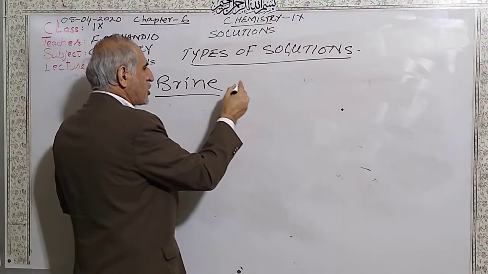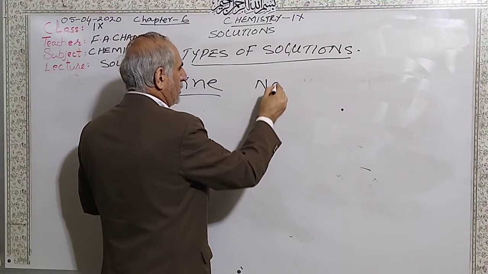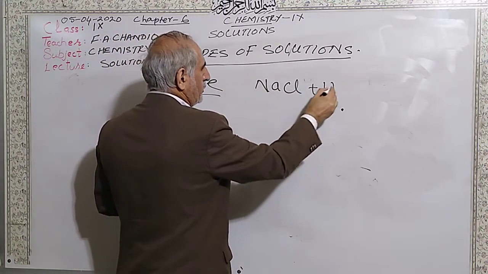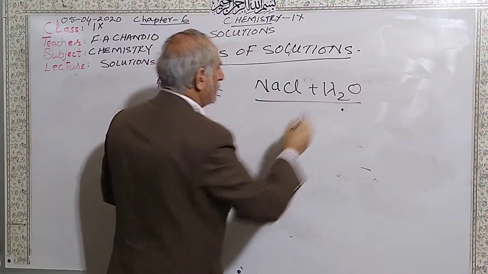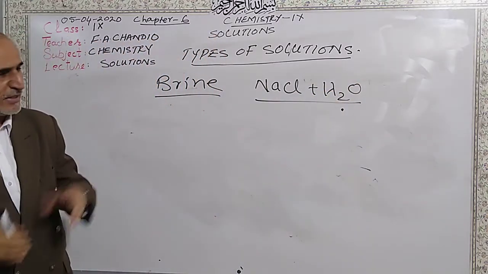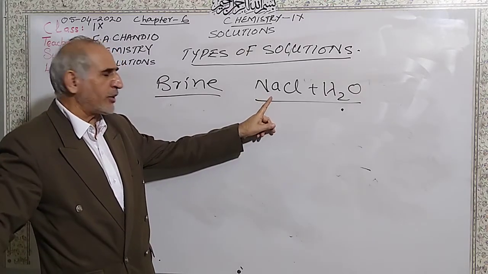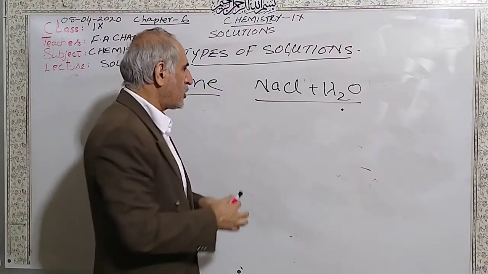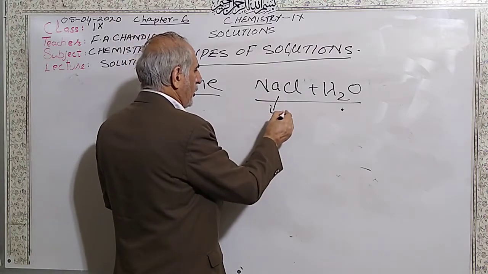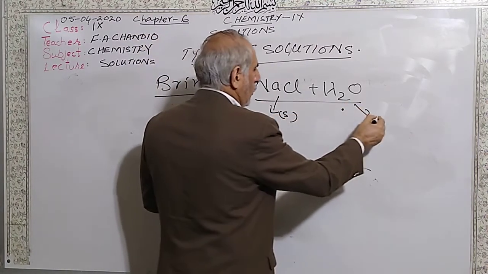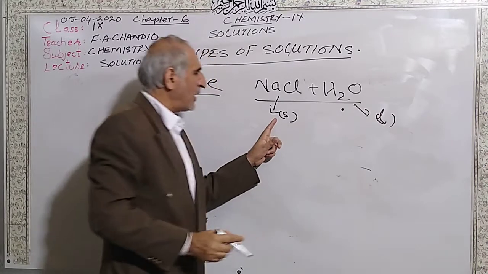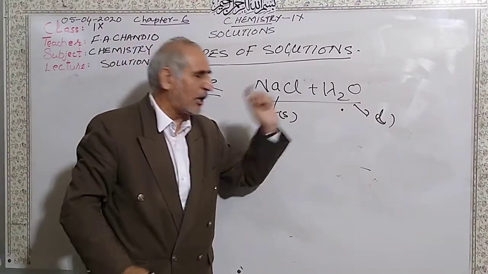Brine is a concentrated solution of sodium chloride plus water. Brine is a solution, just like seawater is a brine. Brine is a concentrated saturated solution of sodium chloride plus water. This is very simple. Sodium chloride solid, water liquid. So this example is for solid and liquid.